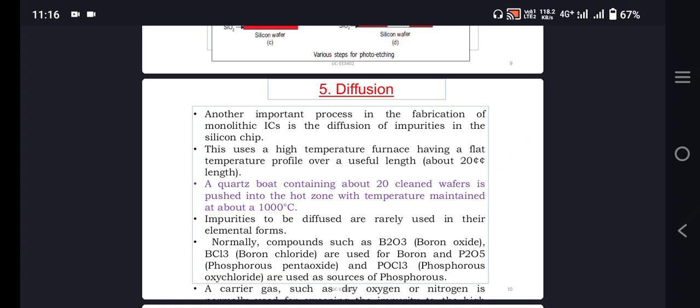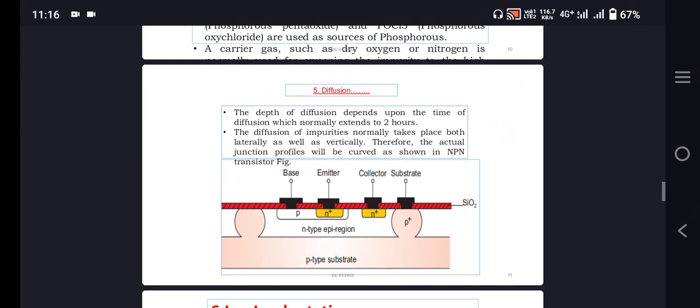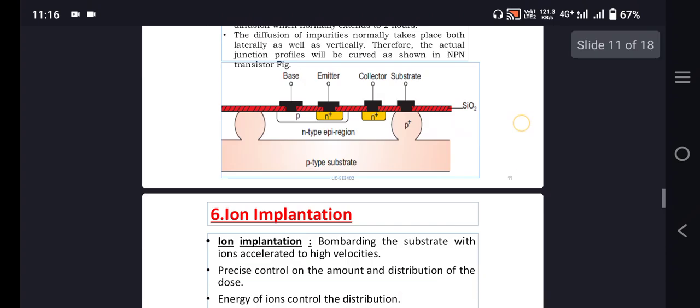The impurities used for the diffusion are boron based components, boron oxide and boron chloride, as well as for phosphorus based materials, phosphorus oxychloride and phosphorus pentoxide. How the diffusion is taking place over the substrate is represented in the diagram. The normal duration for the diffusion is 2 hours.